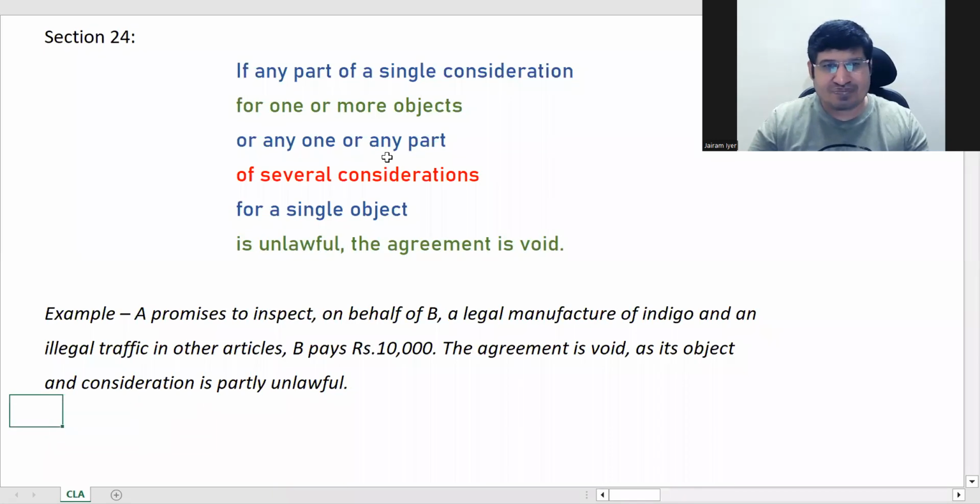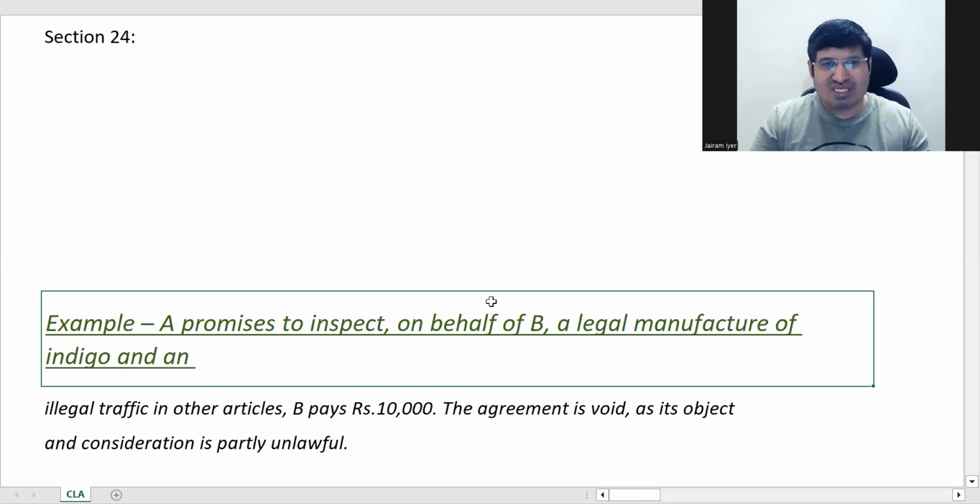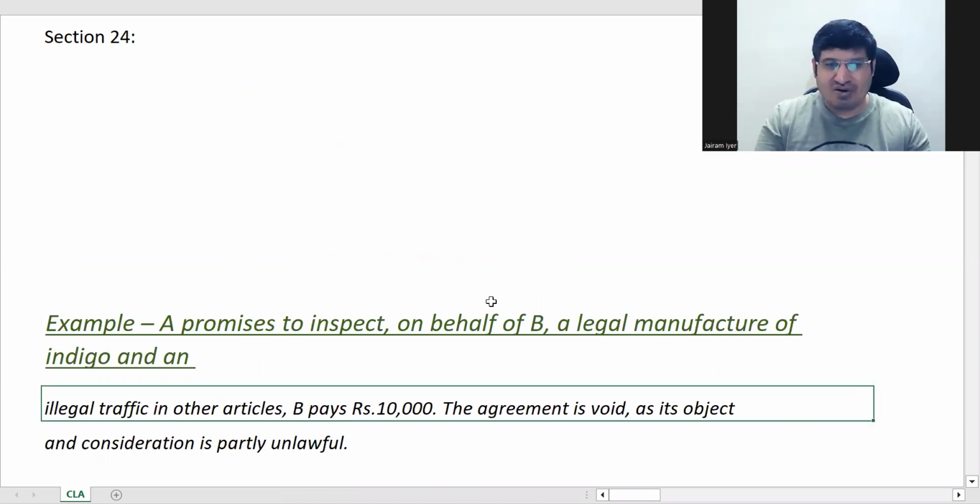So here you can see an example. A promises to inspect on behalf of B a legal manufacturer of indigo. So basically B is giving a job of inspector to A. A promises to inspect on behalf of B. Study very closely.